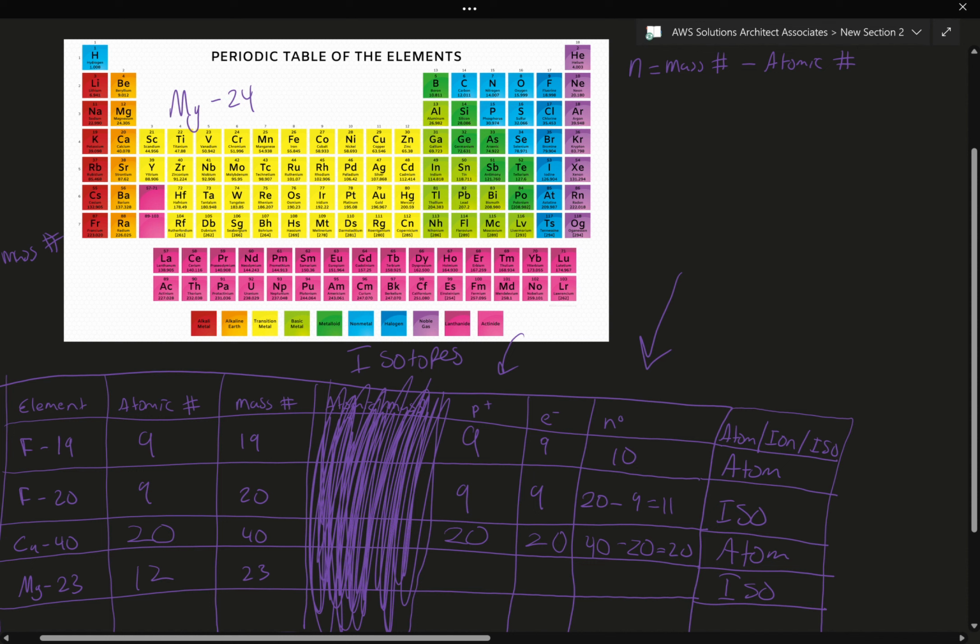The number of protons for magnesium 23 is 12. The number of electrons for magnesium 23 is 12. The number of neutrons for magnesium 23 is 23 minus 12, and 23 minus 12 is going to give you 11.